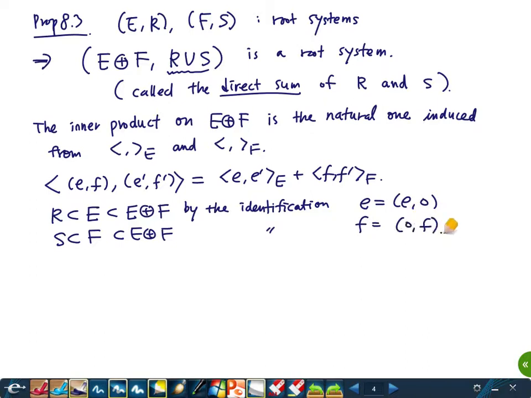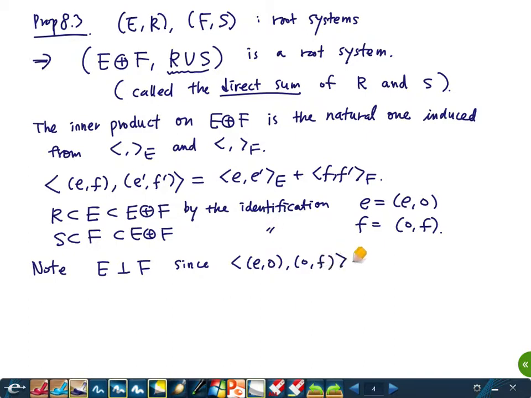But note that in the inner product on this direct sum, E and F are orthogonal to each other. An element of E is represented by (E, 0), and an element of F is (0, F).